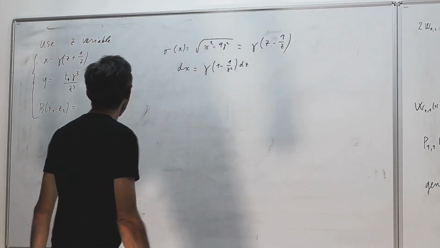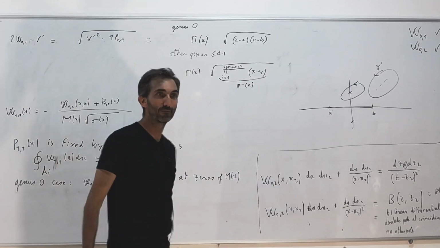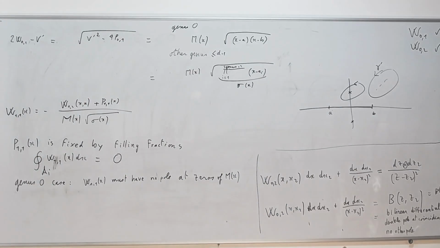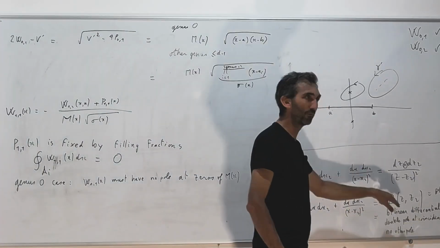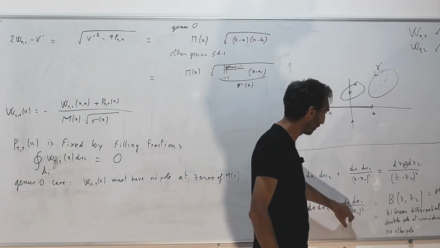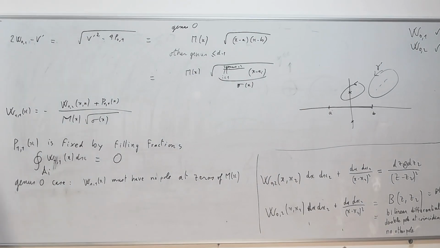Well, you see that at some point you have to compute W02 of x. W02 at coinciding points. Well, you see you have to take the subtraction of these two things. This has a double pole, this has a double pole, so you need to expand to second order. It's a little bit tedious. It's called the Schwarz derivative, by the way, to do that.